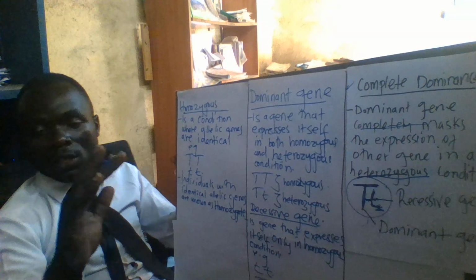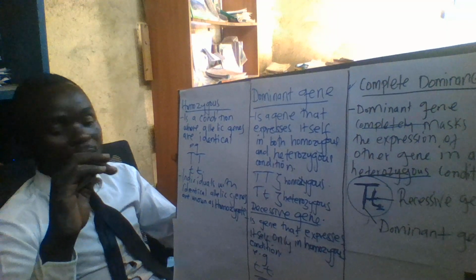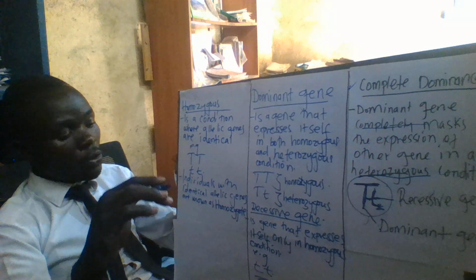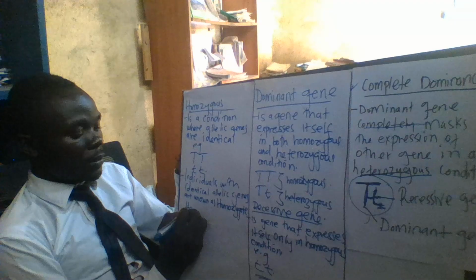Individuals who have got their alleles being identical are referred to as homozygotes. So that is individuals. Now let's look at heterozygous.